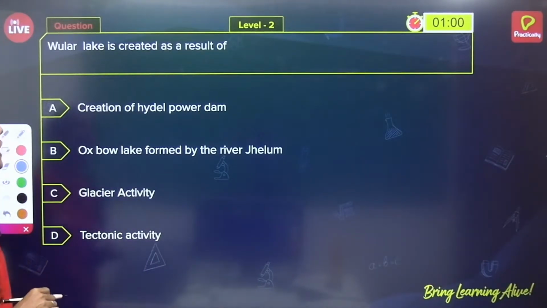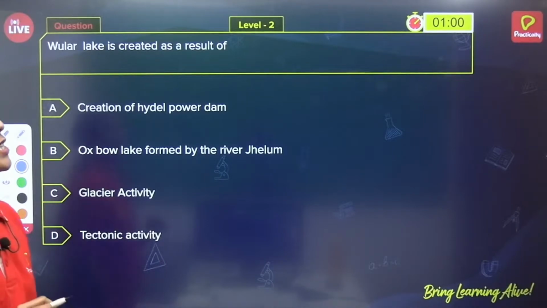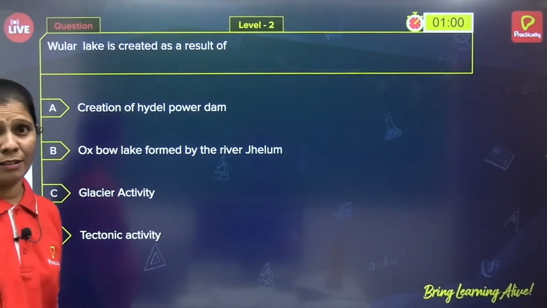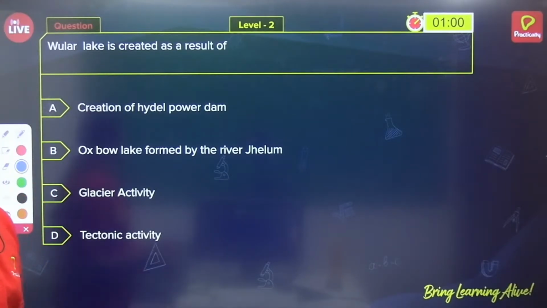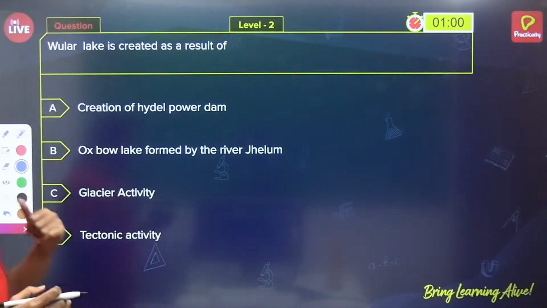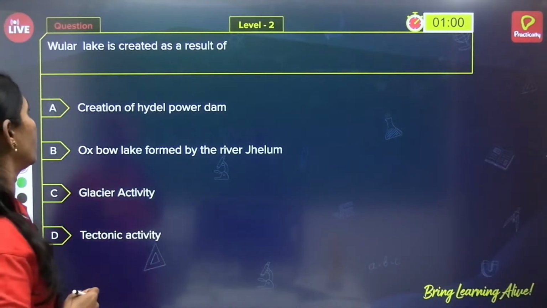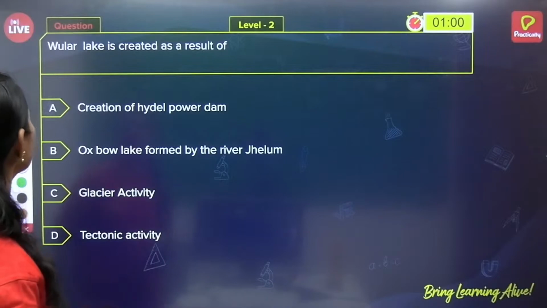Lakes are created by some erosion or some cut-off lakes, but how has this Wular Lake been created? Let us get an answer from you all.